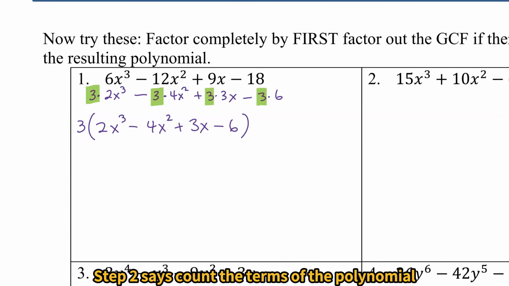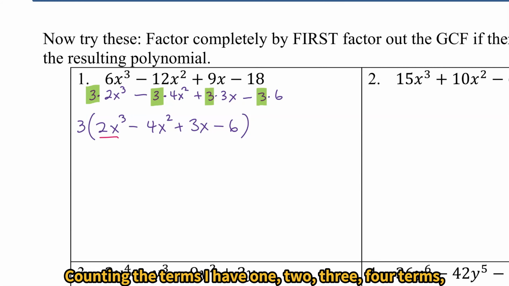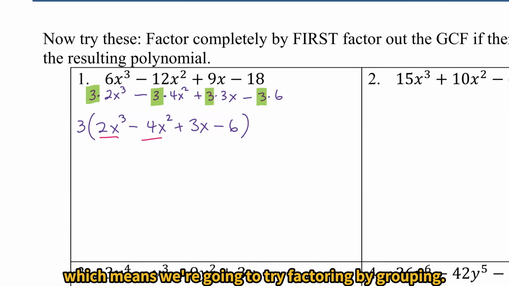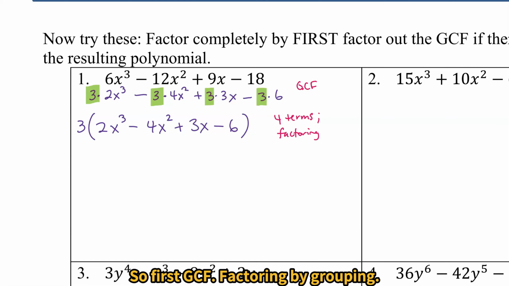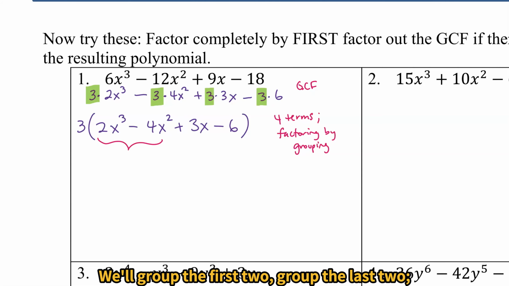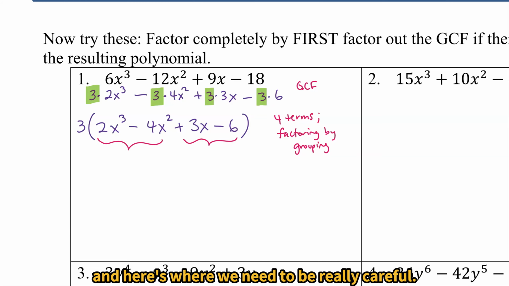Step 2 says count the terms of the polynomial. I have 1, 2, 3, 4 terms, which means we're going to try factoring by grouping. So first GCF, then factoring by grouping. We'll group the first 2 and group the last 2. Here's where we need to be really careful.